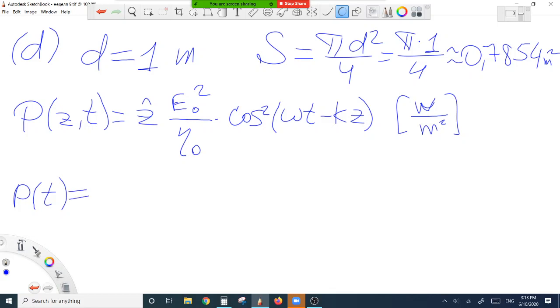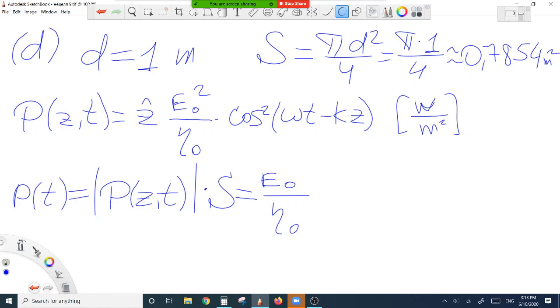So, instantaneous power is equal to the modulus of power density, just in order to have a positive sign, multiplied by S. So E0 squared over eta 0 multiplied by pi D squared over 4 multiplied by cosine squared of omega t minus kz.